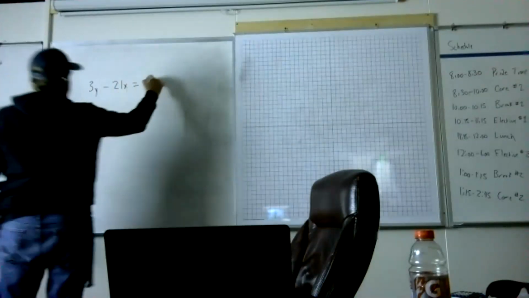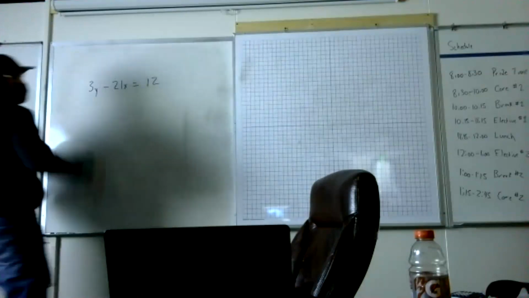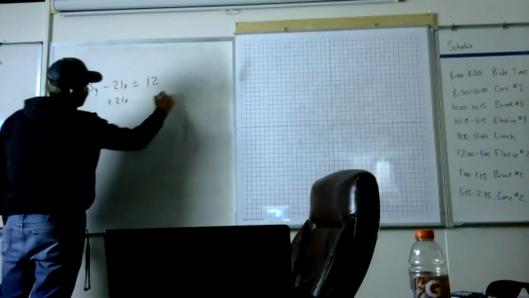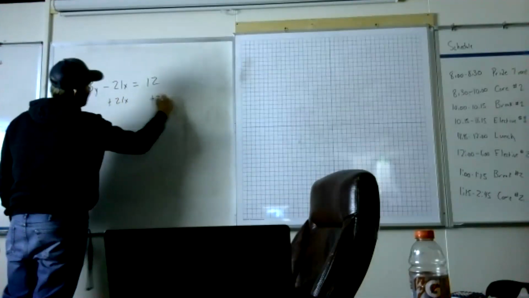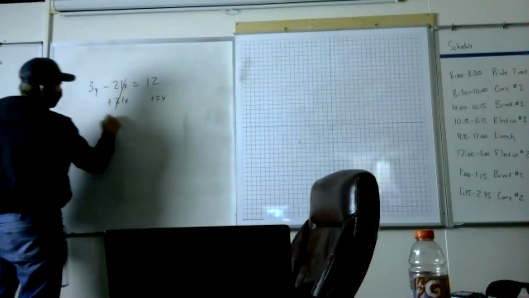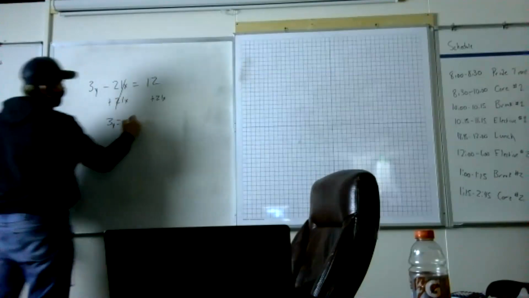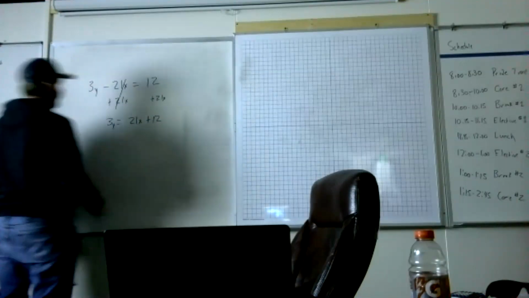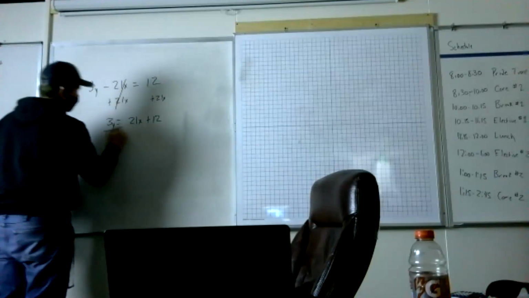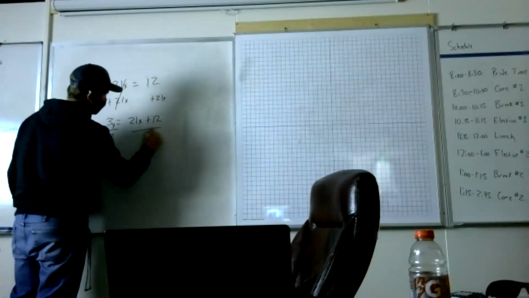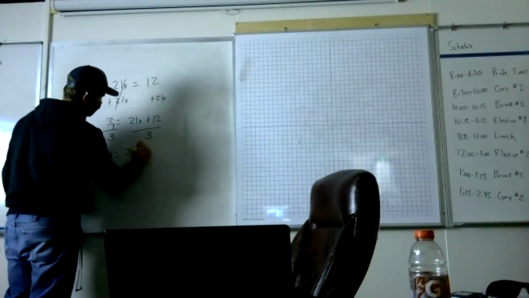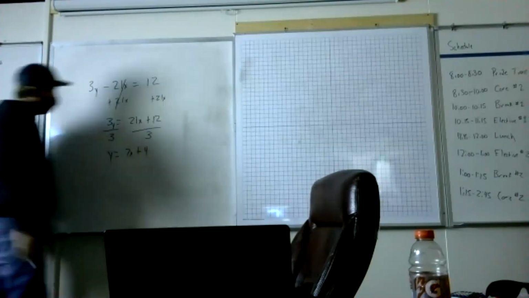If we want to solve it, we would add 21x to both sides to get these to cancel out, and you'd be left with 3y is equal to 21x plus 12. At this point, we could declare it's a linear function. Divide everything by 3, and we'd be left with y is equal to 7x plus 4.